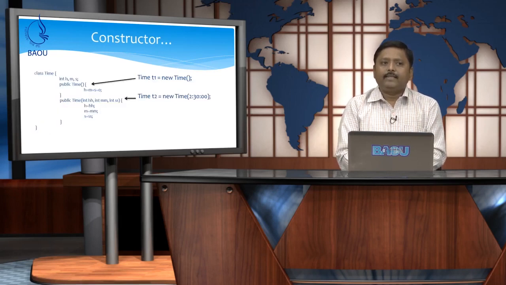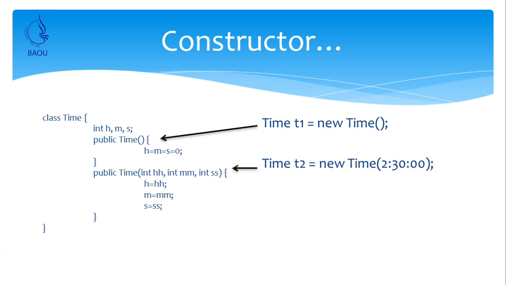Now, we take one example so that you can understand better. Here we have a class with the name Time and it has 3 instance variables: h represents hour, m represents minutes and s represents second. And here I write one constructor with no argument, which is also known as a default constructor.